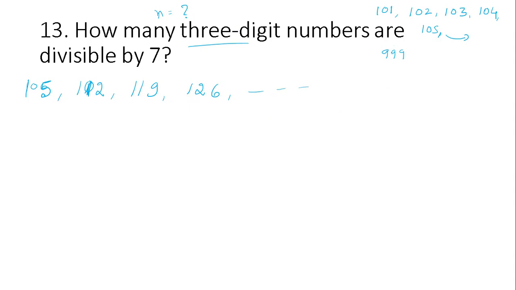This is not divisible by 7. 998 is also not divisible by 7. 997 is also not divisible by 7. 996 is also not divisible by 7. 995, 994. 7 fours are 28.